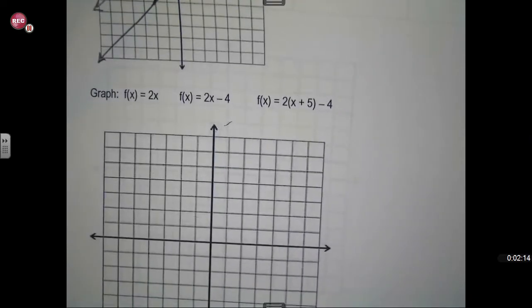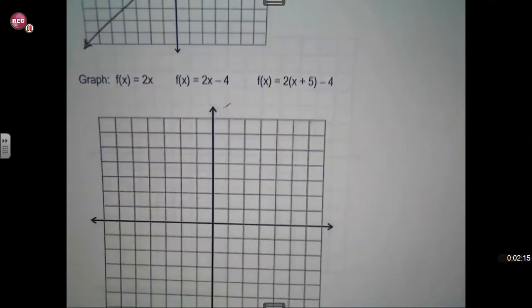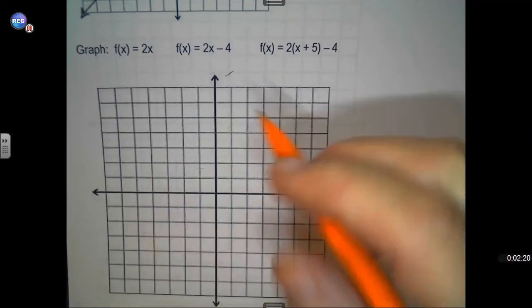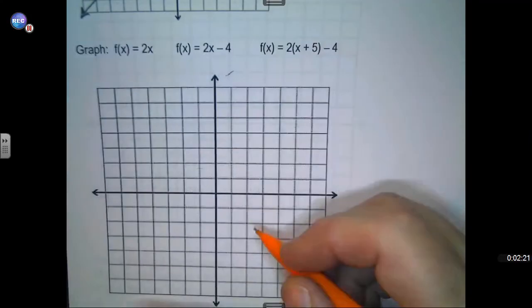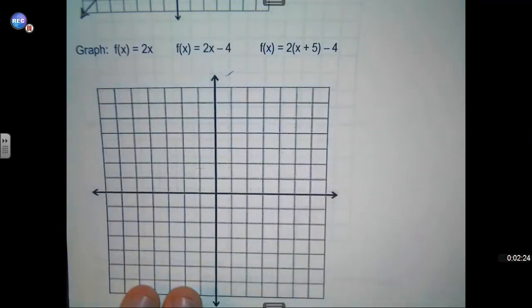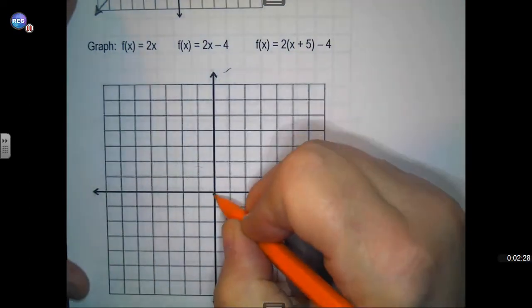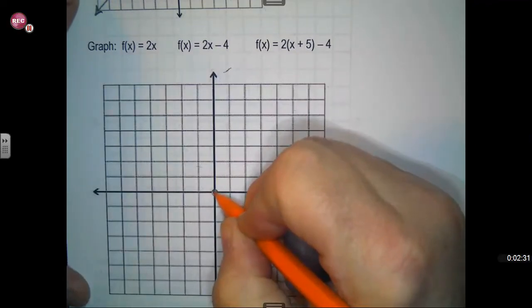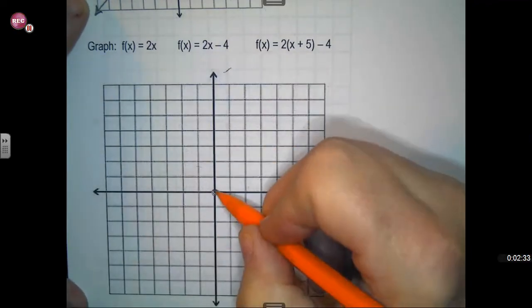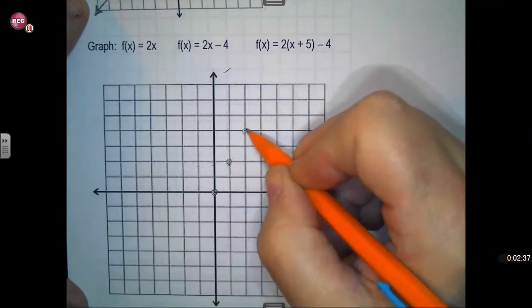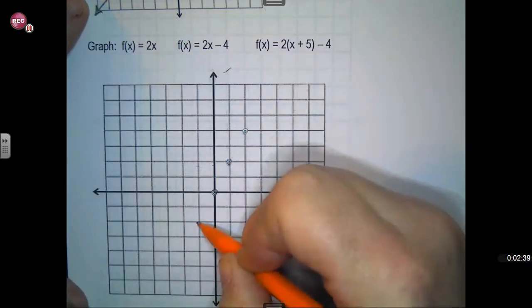If we look at the next graph, I have f(x) = 2x. For this one, that's the parent function, so I graph it. The y-intercept is at 0, 0, at the origin, but the slope this time is 2. So up 2 over 1, up 2 over 1, or down 2 to the left 1.